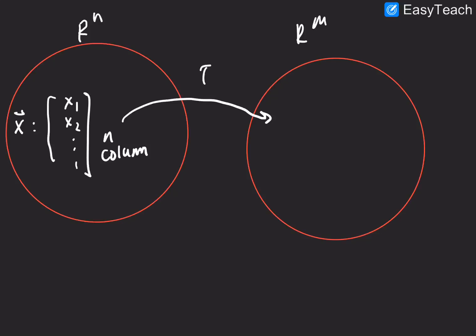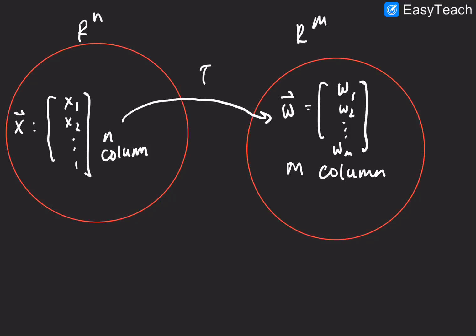And in the Rm, you'll have a w vector, which is w1, w2, up to wm. And this will be the m column. One thing to know about this x vector is that the x vector has to equal the column number.